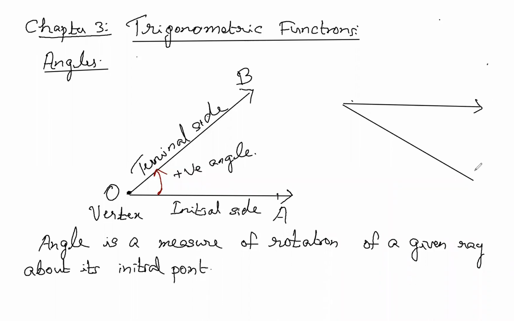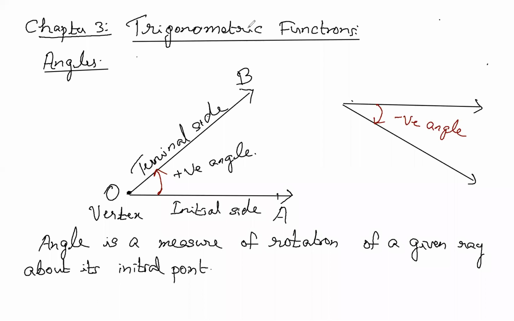So I am going to draw the negative angle concept. When the angle is moved like this in the opposite direction, the clockwise direction, it is a negative angle. So this is a negative angle.